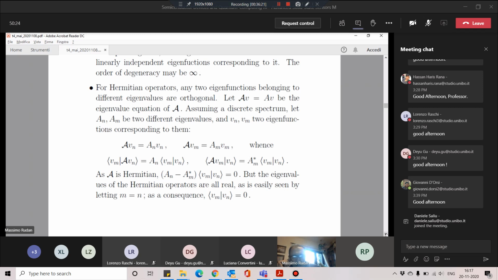We have that V_n scalar V_n, that is the scalar product of a function by itself, is the integral of the square modulus. But in this case, the scalar product is necessarily different from 0 because the eigenfunctions are the non-trivial solution of the eigenvalue problem. So the eigenfunctions are non-zero.